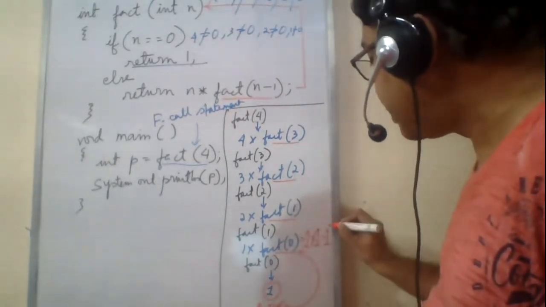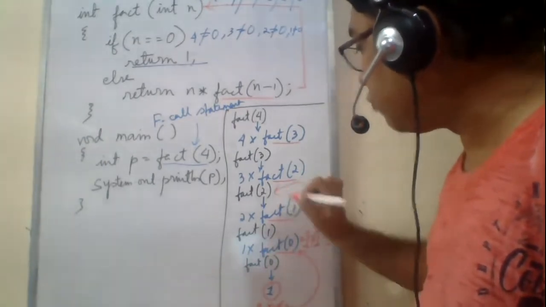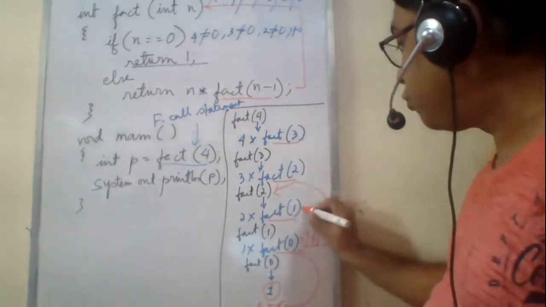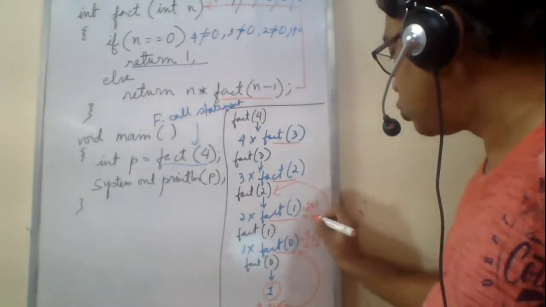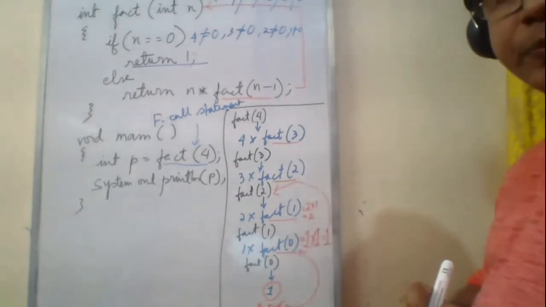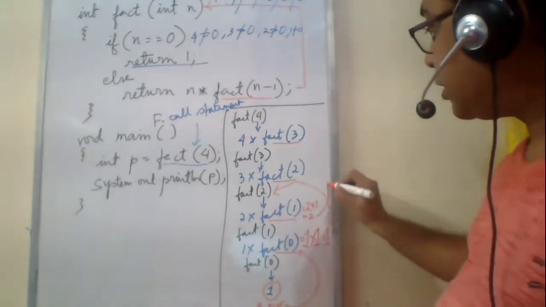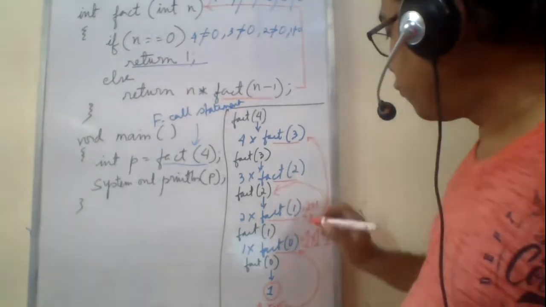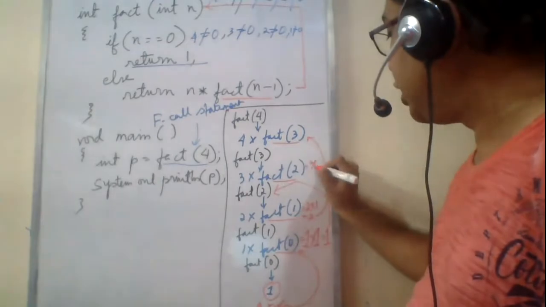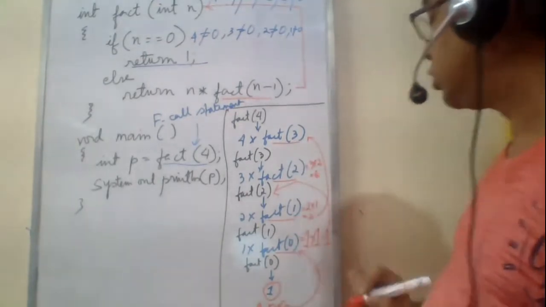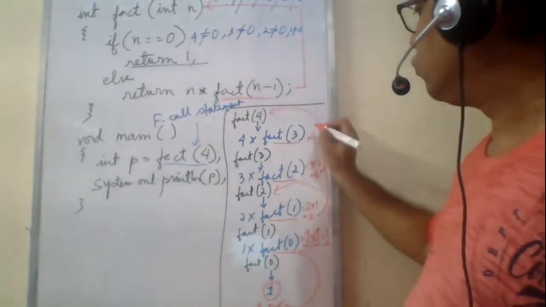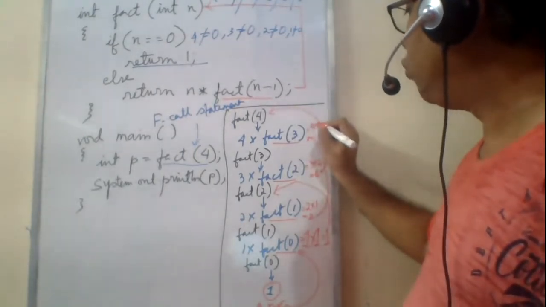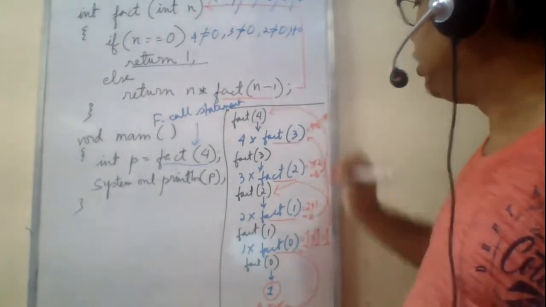So finally, fact of 1 is getting the value 1. This 1 will be returned to fact of 2. So what will fact of 2 get? 2 into 1 is equal to 2. This 2 will be returned to fact of 3. So fact of 3 will get 3 into 2 equal to 6. This 6 will be returned to fact 4. So what will fact 4 do? 4 into 6, 24.